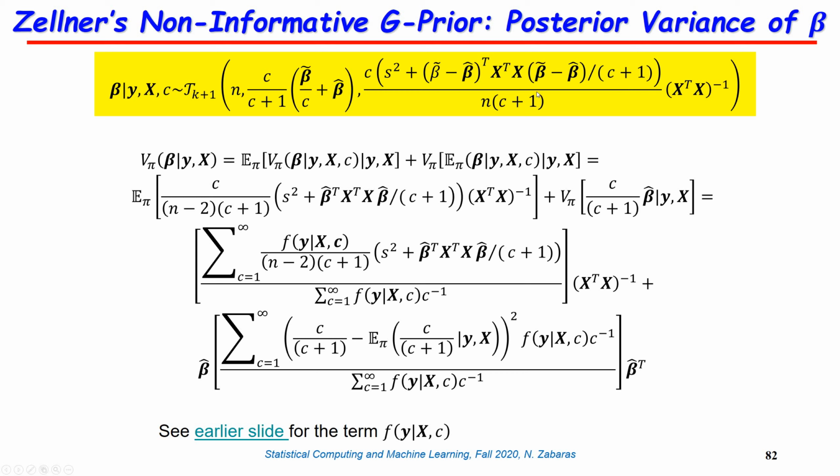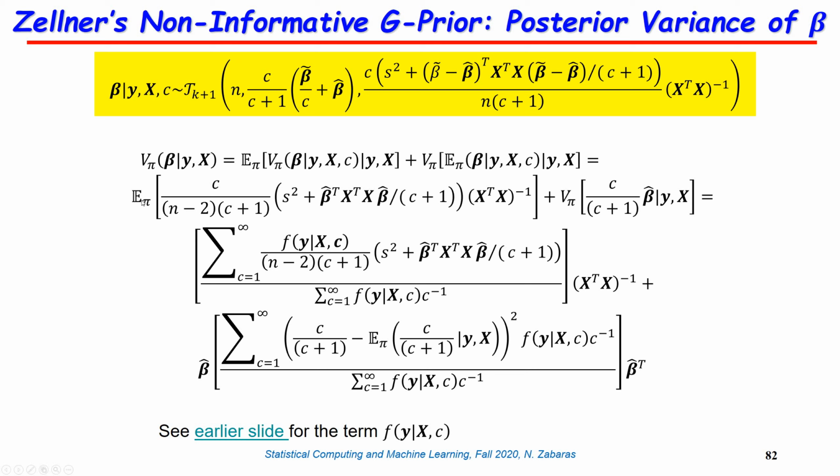You have to multiply it with the degrees of freedom divided by the degrees of freedom over 2, and that's how this term n minus 2 is coming here. But if you plug in this variance given C, and if you plug in the expectation given C, you get this, all right? So now you are looking carefully, and let's see what we have here.